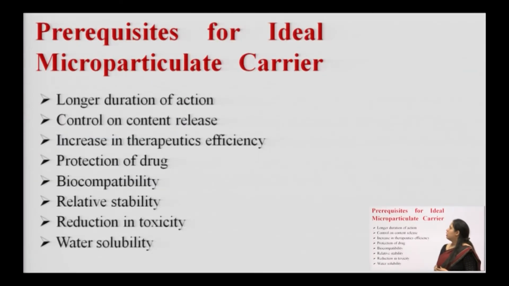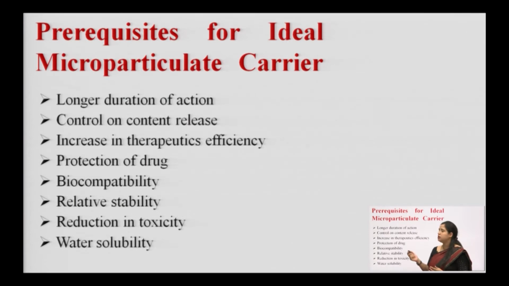Next, these are the prerequisites for ideal microparticulate carriers. Some considerations we give during the manufacturing process of microspheres, like longer duration of action. Why are we choosing these microcarriers for drug delivery system?